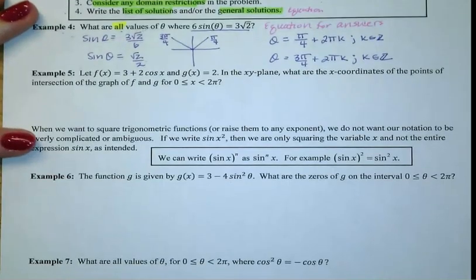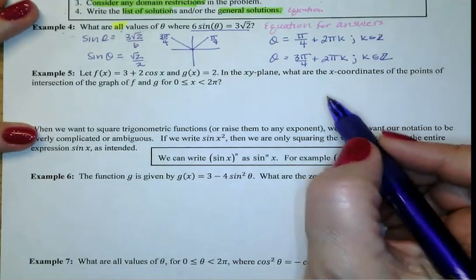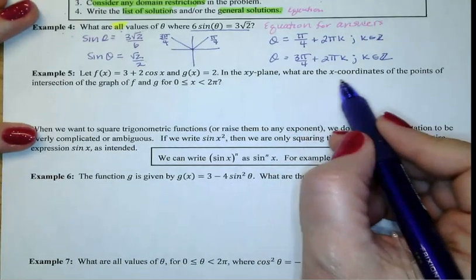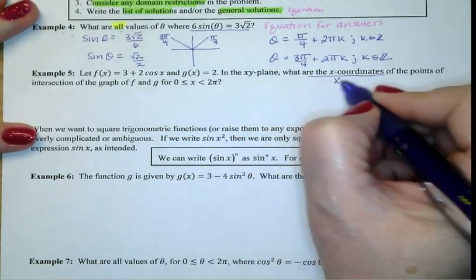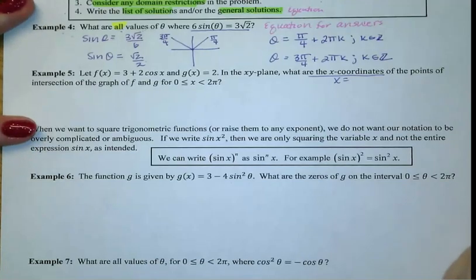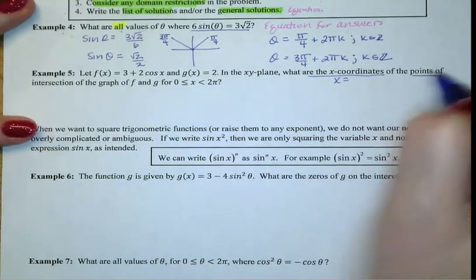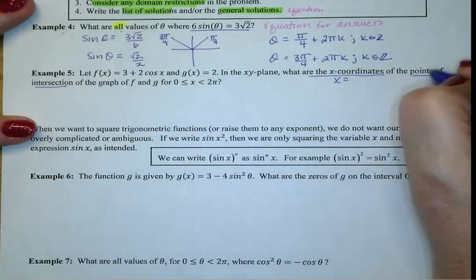Okay, example 5. Let f of x equal 3 plus 2 cosine x and g of x equal 2 in the xy plane. It asks what are the x coordinates? So the x coordinates means that we're looking at x equals type solutions of the point of intersection. What does the point of intersection mean?